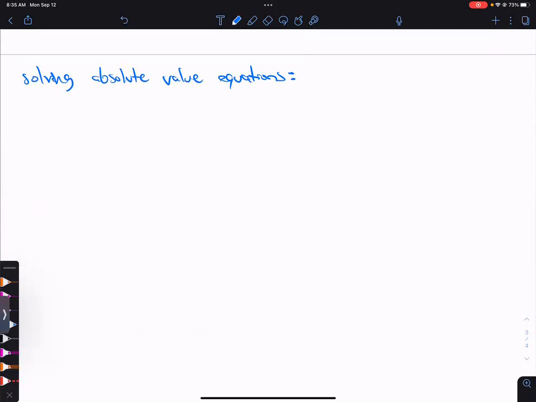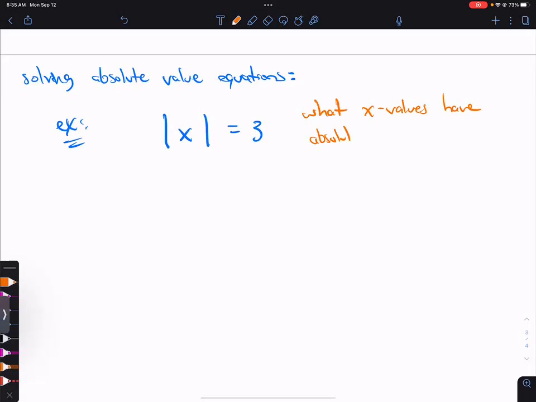As an example, what I give you: the absolute value of x equals 3. So this is asking what x values have absolute value 3.